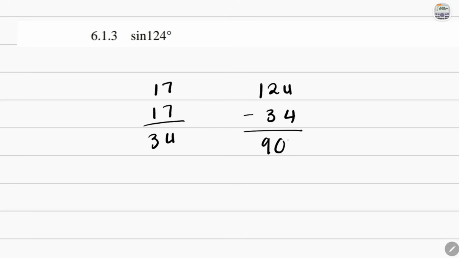So 17 plus 17 is 34. And if you say 124 minus 34, just trying to understand that, we'll get 90 degrees. So clearly what they did was this: they said we're going to separate this as sine of 90 degrees plus 34 degrees.